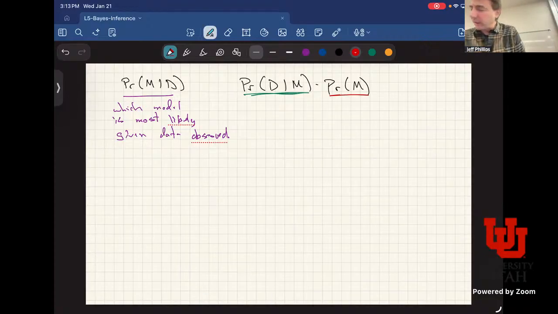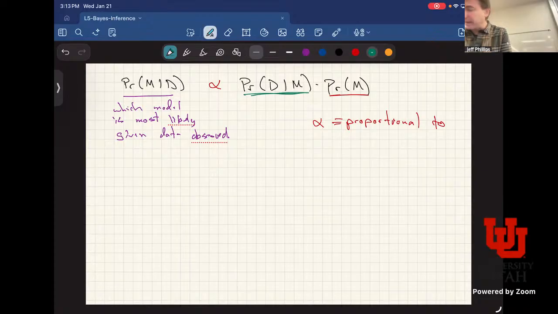Okay, so what we're going to introduce now is this symbol. It looks kind of like a fish or something. And this means proportional to. Let me write down an equation.